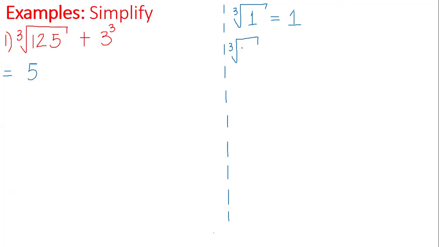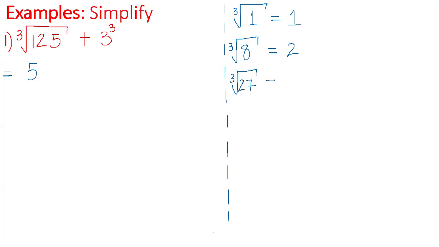The cube root of 8 is what? 2. Why? Because 2 times 2 times 2 is 8. The cube root of, write this down for me, please, the cube root of 27 is what? 3.